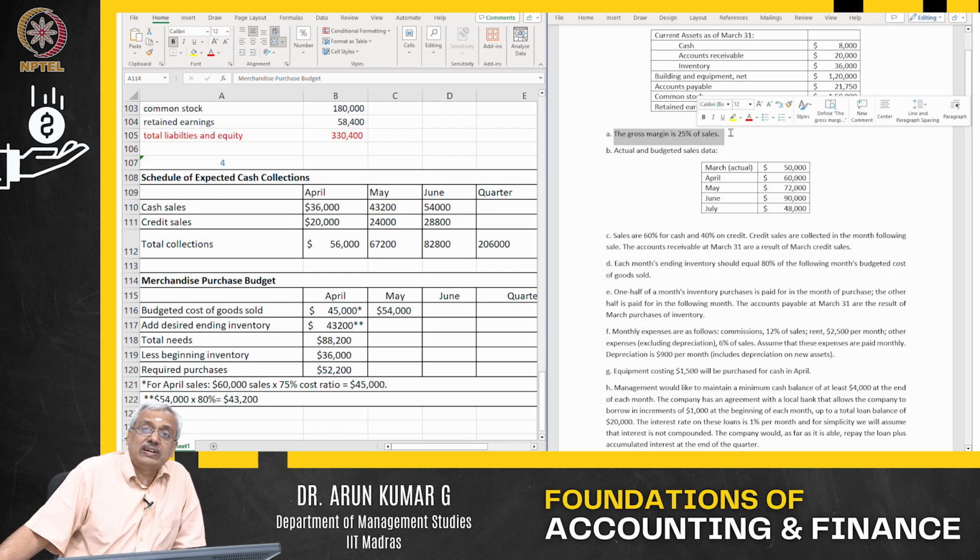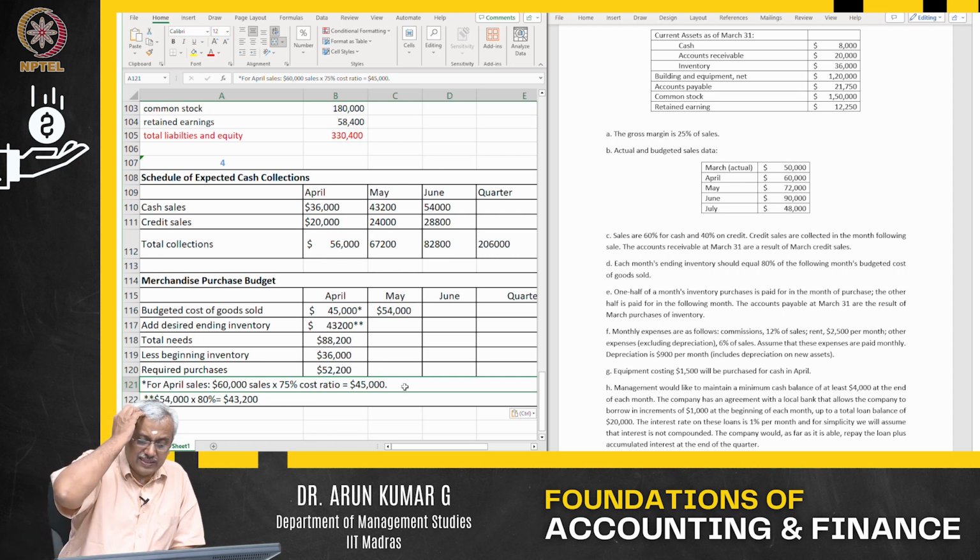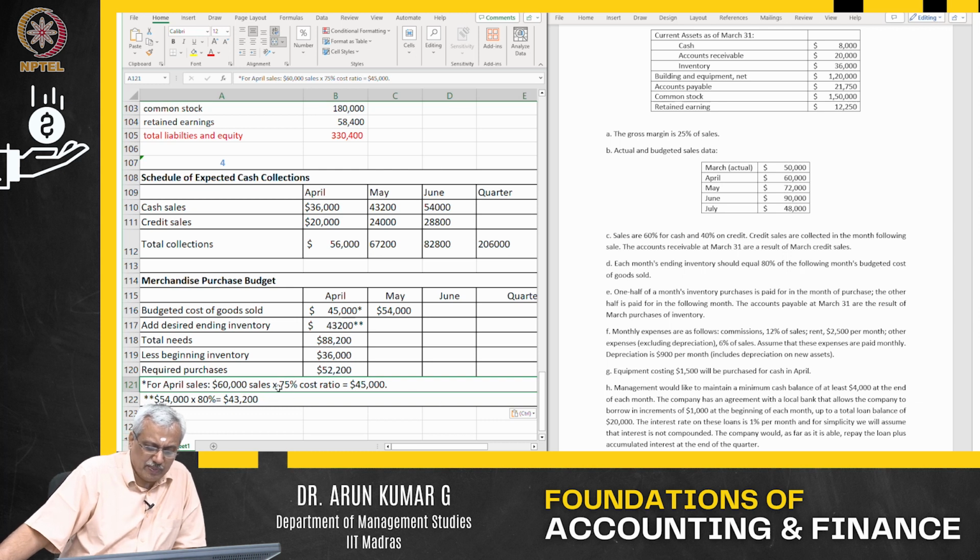That means 75% of the sale value is the cost of goods sold, and that is what you can see in this calculation they have mentioned in this particular case. They say April sales is 60,000, the cost of goods sold is 75% of 60,000, that is 45,000, which is what they have arrived at.